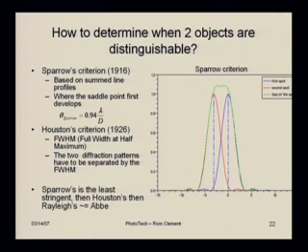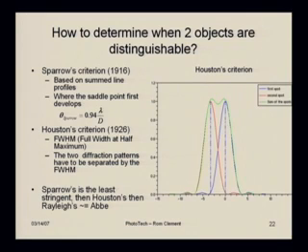And there is a fourth one, which is the Houston criterion, which in this case is based on the full width at half maximum. So again, it's a little bit different than previously. But generally speaking, you have the idea that using these criteria, I have an angle under which, if I go under this angle, there is no way for me to tell you or to get more information.